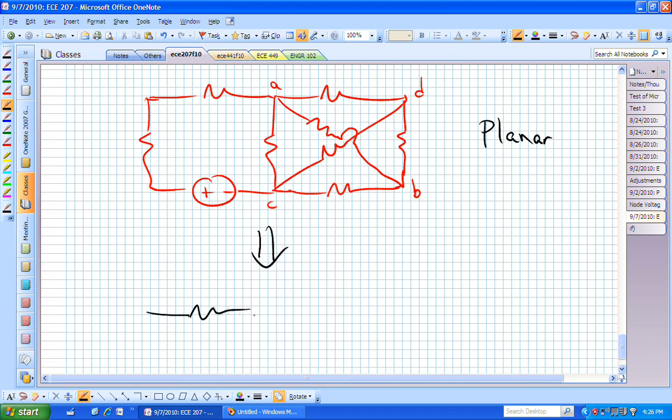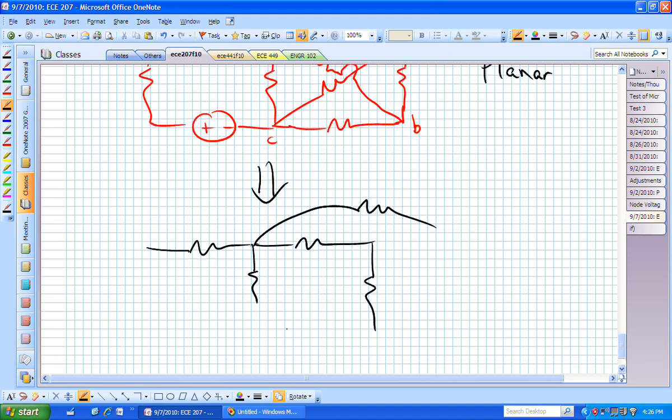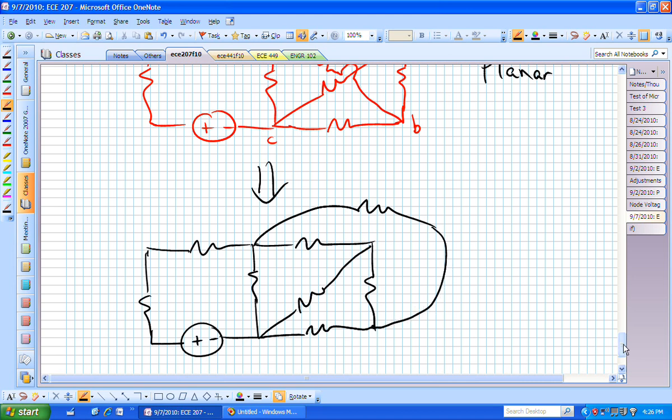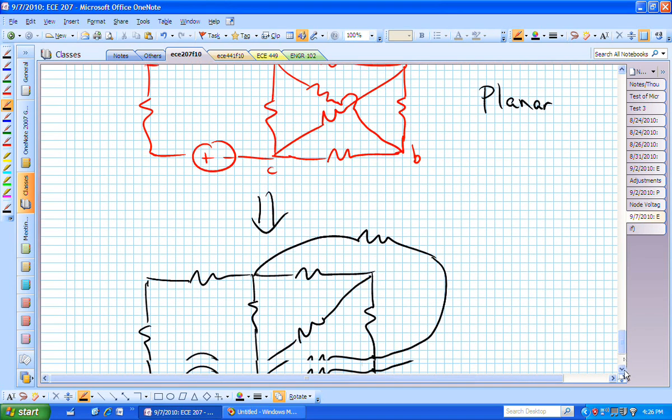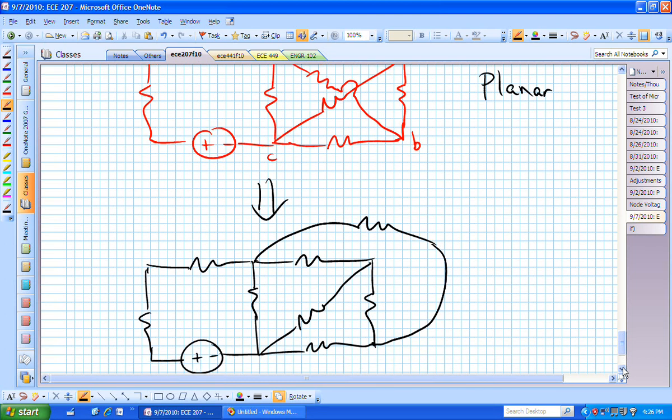It's this, except now that one that I had going from A to B, I now just lifted it up and stretched the wires. That's now equivalent, and so that one is planar. I have all of my circuit elements on a plane surface and none of those are crossing.